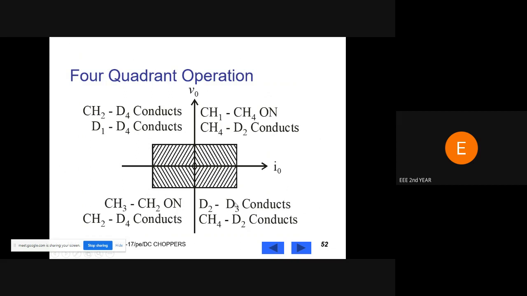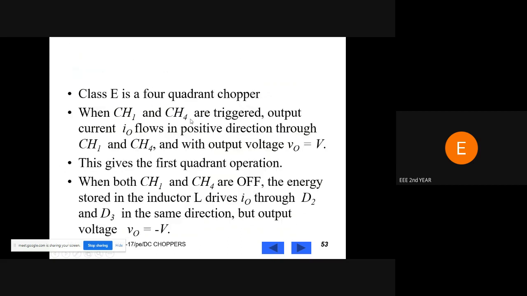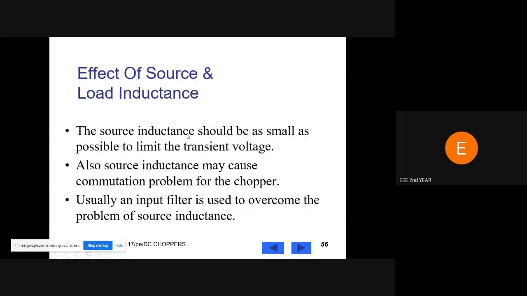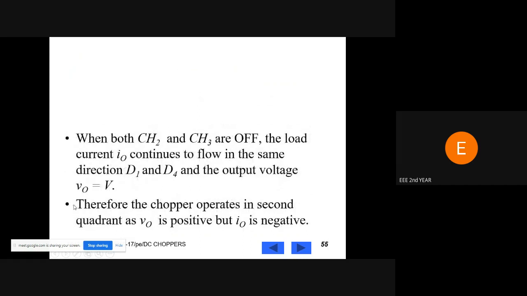In the fourth quadrant, CH4 operates, and at that time D2 and D3 conduct. Almost all of the choppers operate in the second quadrant where V naught is positive but I naught is negative. This is what was discussed today.